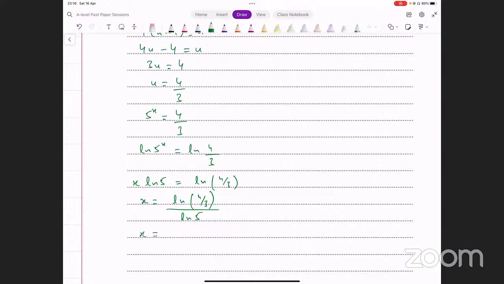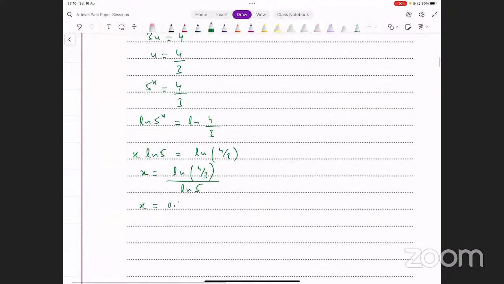I'm going to do this on my calculator and see what we get from this. ln of 4 divided by 3 divided by ln of 5. What do we get? We get 0.1787. Okay. So x equals 0.1787.